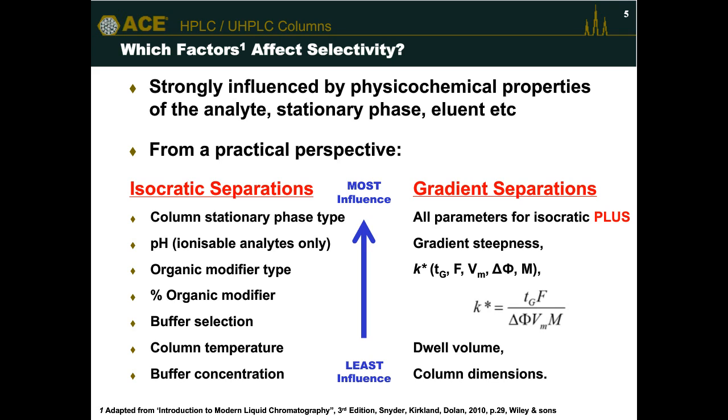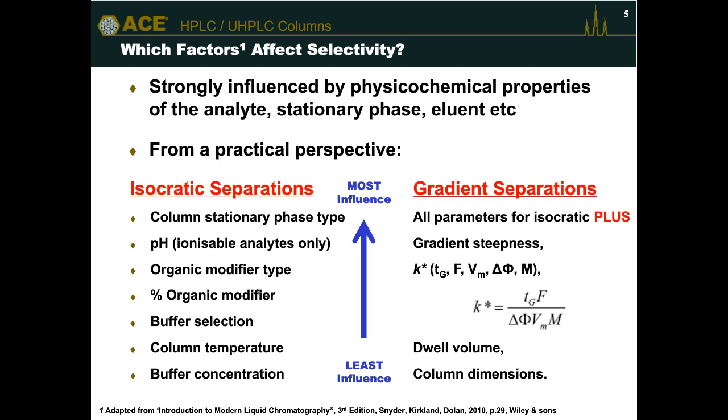So we can see on the slide at the moment, we have isocratic separations on the left, and the parameters that I've listed in that table are in a list format. So the parameters at the top, so column stationary phase type, pH of your mobile phase, the type of organic modifier, are more powerful with respect to their effect on selectivity than the parameters at the bottom.